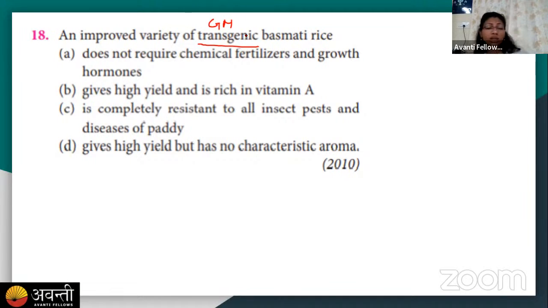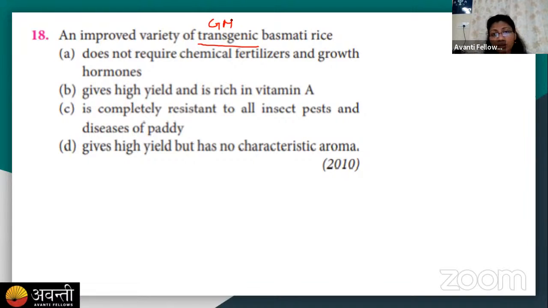So we are using the improved variety of GM basmati rice, or we can say the transgenic basmati rice. A, does not require chemical fertilizer and growth hormone. B, high yield and is rich in vitamin A. C, is completely resistant to all insect pests. And D, gives high yield but has no characteristic aroma.